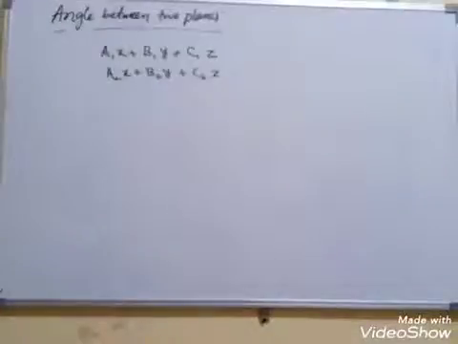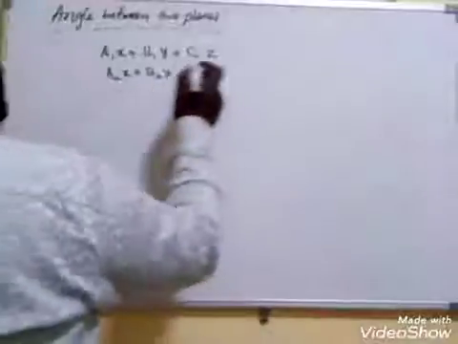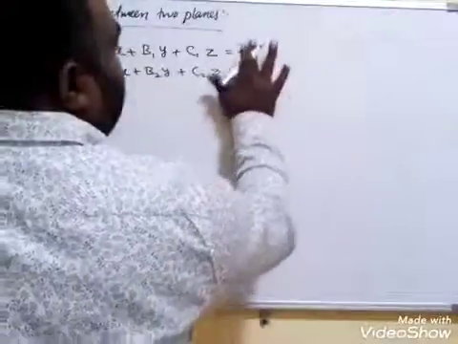Same now in the Cartesian form. Let the equations of the planes be a1x plus b1y plus c1z is equal to d1 and a2x plus b2y plus c2z is equal to d2.